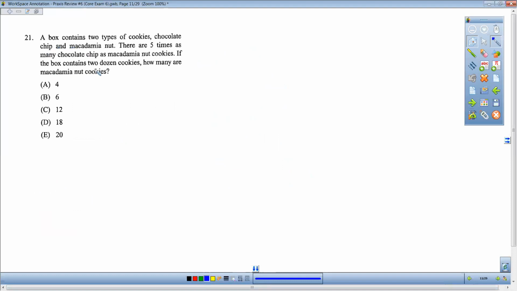21, a box contains 2 types of cookies, chocolate chip and macadamia. There are 5 times as many chocolate chips. So I've got chocolate chip, I've got macadamia nut, and I know I have a total of 24. Well, there's 5 times as many of these chocolate chips as there are macadamia nuts.